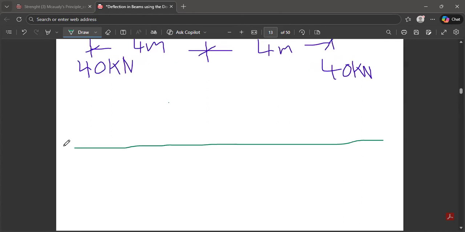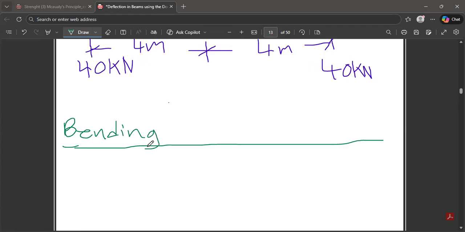So I'm going to write the bending moment equation.